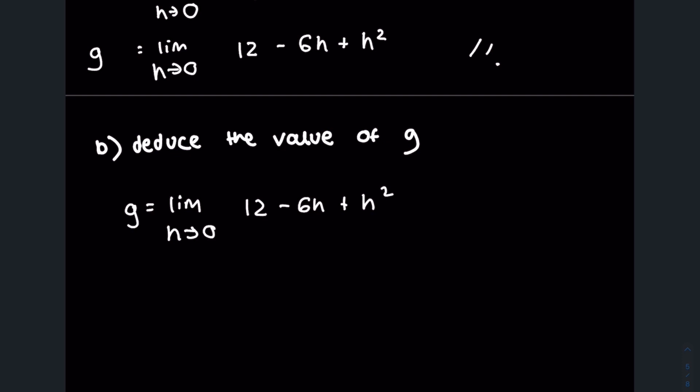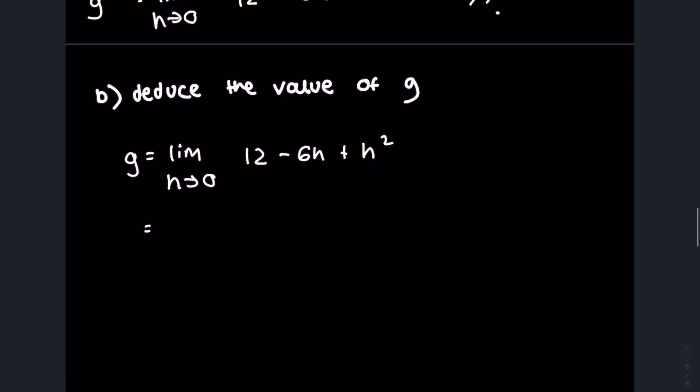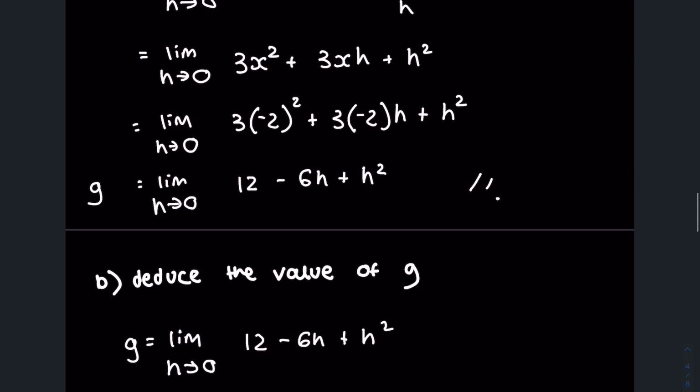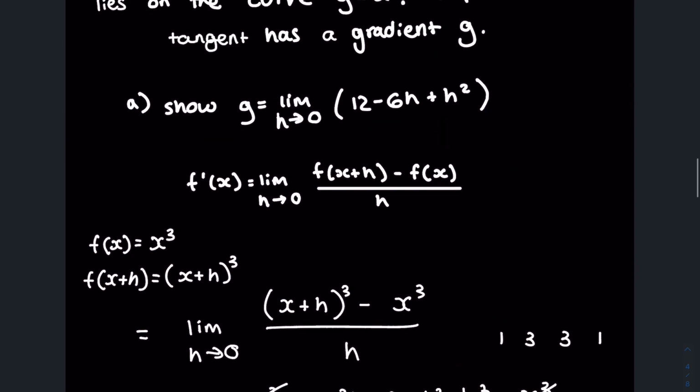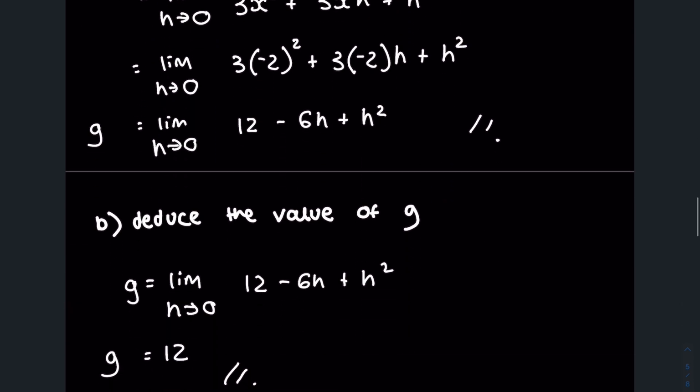So we basically substitute everything that is an h with 0, which will give us 12 minus 0 plus 0, which is just going to be 12. So our G is actually just 12. And it wasn't that bad. But that is the type of question and type of part B you would receive in an exam.